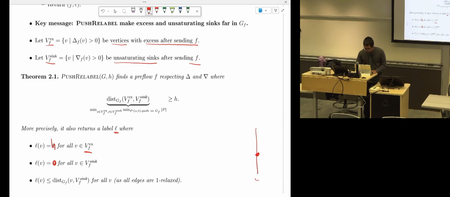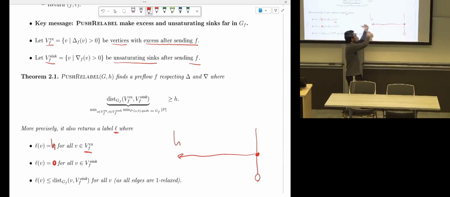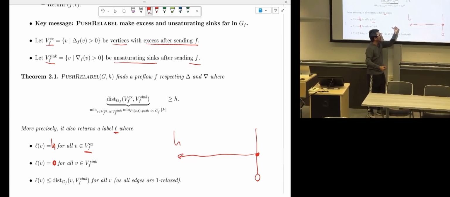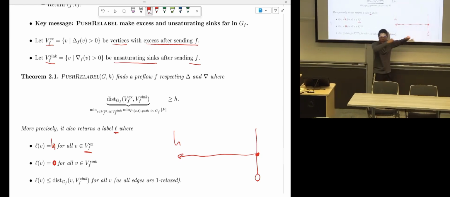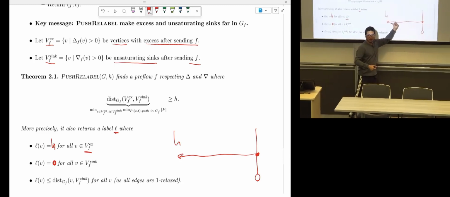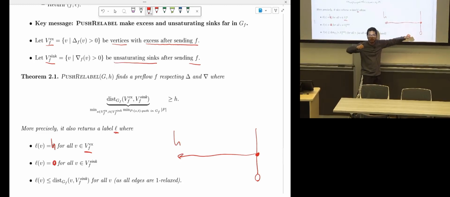Imagine that this is level 0 and you try to push, to increase the level of nodes, right? But if all edges are relaxed, no edge is stretched, then there's no way that you increase the level by more than the length of the shortest path.